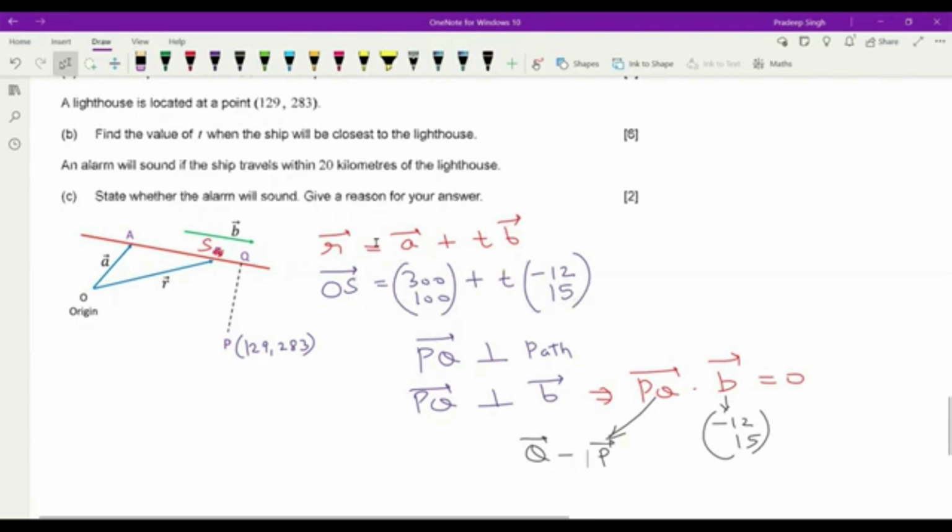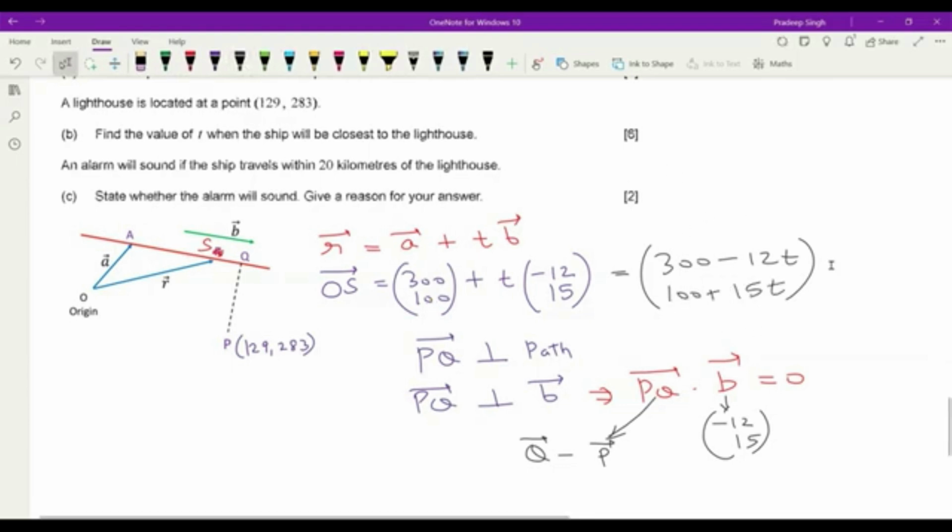If we simplify this to get the x and y coordinates individually, for the x coordinate we write 300 plus t times -12, and for the y coordinate we write 100 plus t times 15, which is 100 plus 15t.